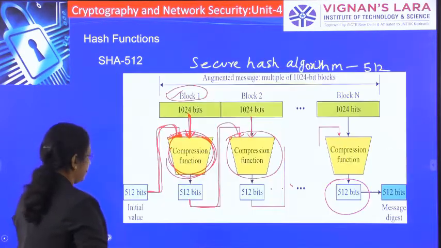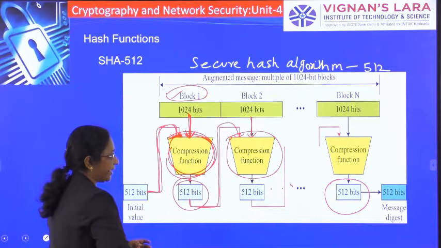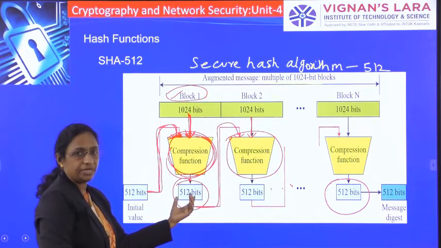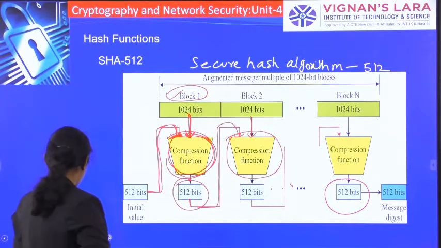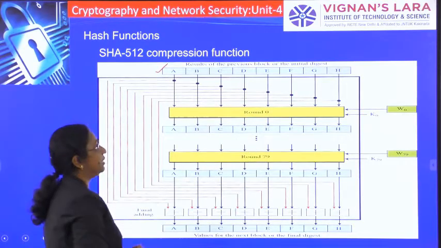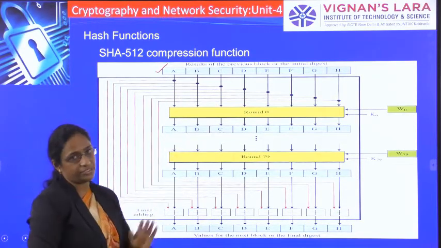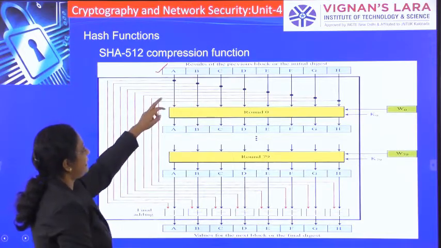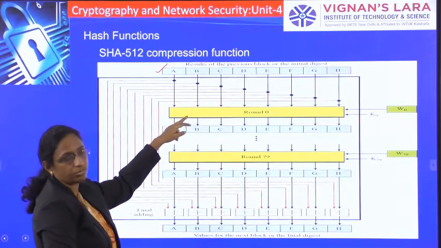Whatever 512 bits you get will be stored in these registers called A, B, C, D, E, F, G, H, and then these values go through round 0.